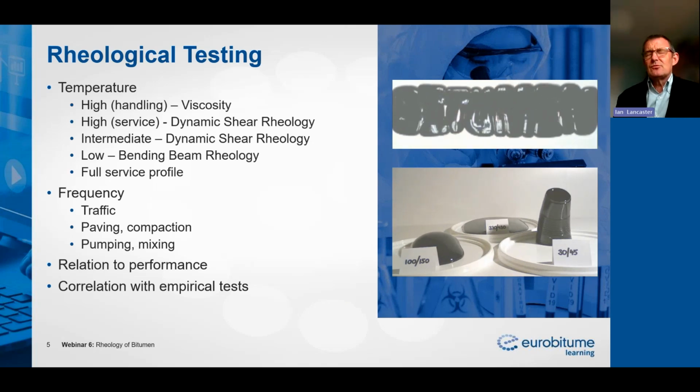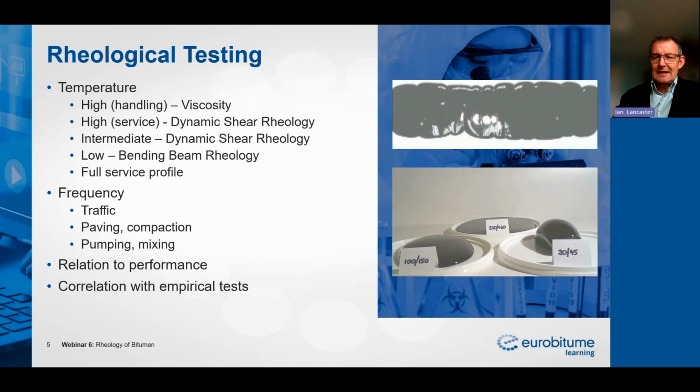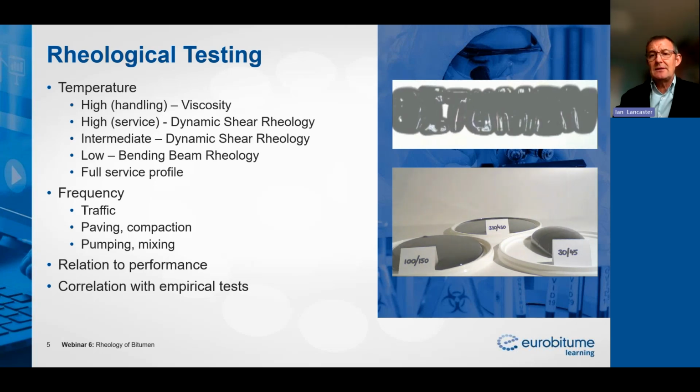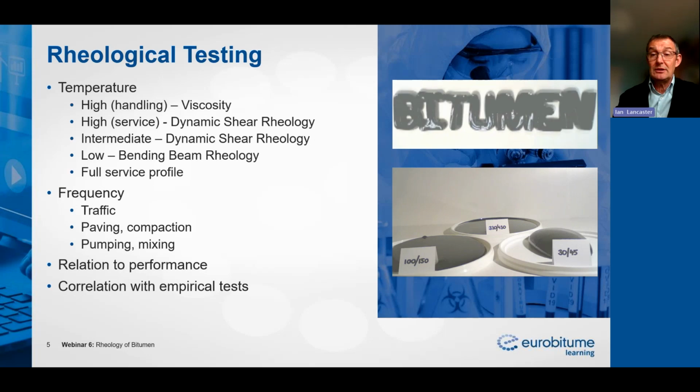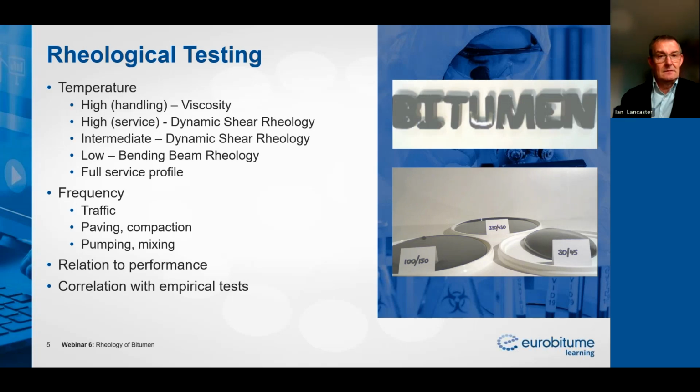Well, there are really two main classes of test, and they're related to behavior according to temperature or according to frequency. And we can subdivide those different classifications into high, intermediate, and low, whether that's high temperature, high frequency, low temperature, low frequency, etc.